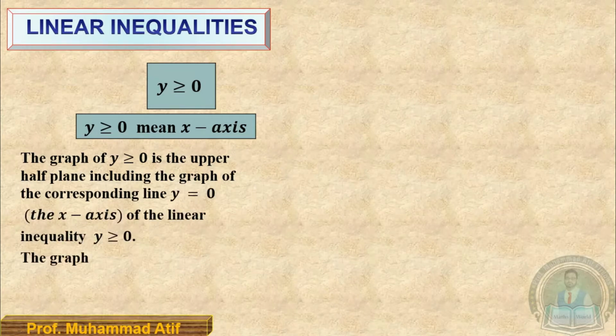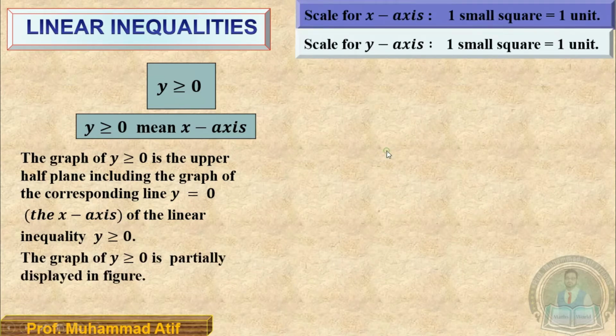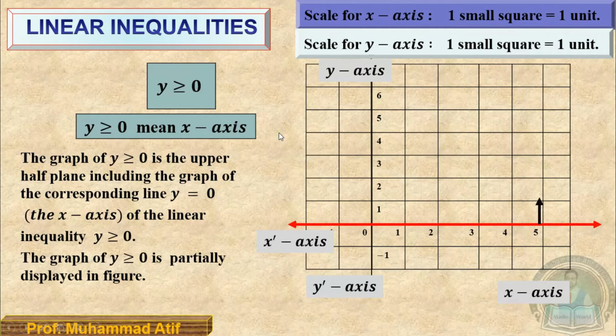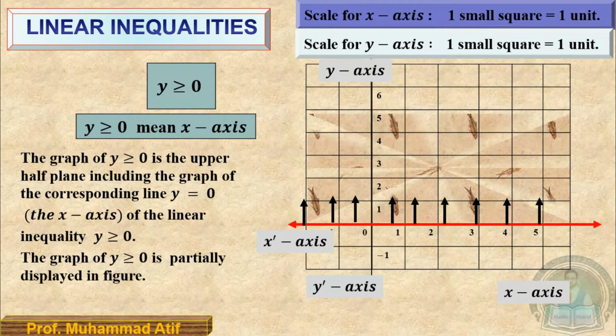Y equal to 0 means the x-axis, and you can see the graph on your screen. This is your x-axis, the red line represents this, and positive or greater than means above the line. Just remember the 4-line rule. Your required shaded area is above that horizontal line. So this is the first important point, the first note you can say.